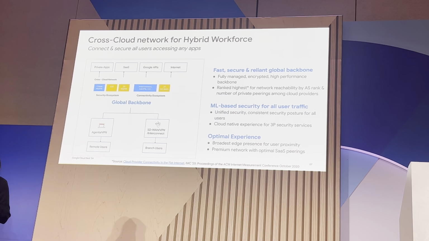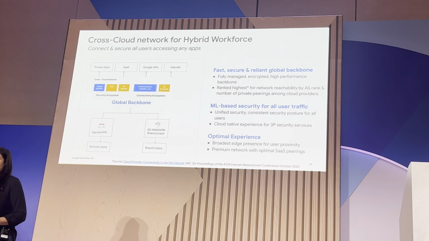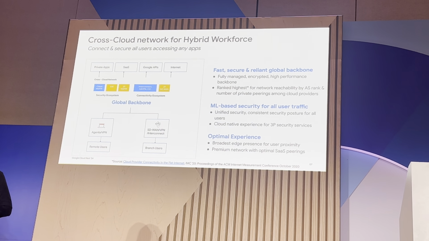And you can have the best network reachability. We are the best network reachability provider amongst all cloud providers. We have the maximum number of private peering points for any cloud provider. So that's about the backbone, a fully managed backbone with a premium tier network.